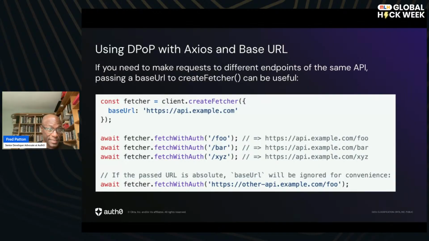And should you pass in an absolute URL, it's just going to ignore the base URL in this case and just go with what you passed in. So the main thing is that everything looks as familiar as possible, yet you're using a much stronger level of security where if someone actually steals that token, it won't be enough.